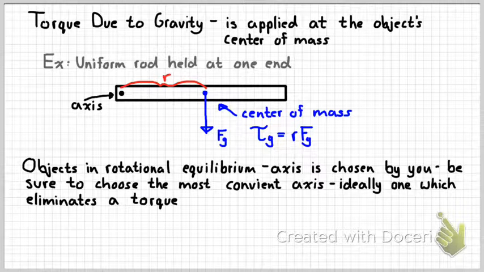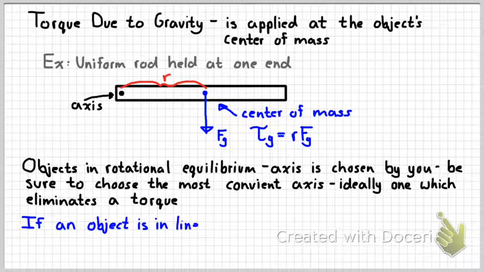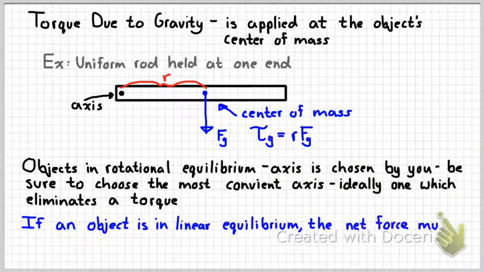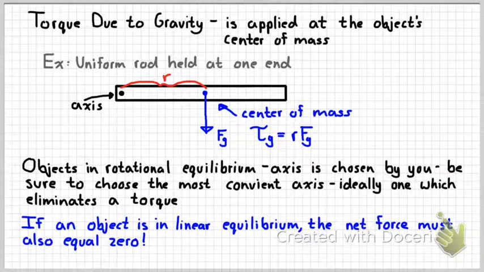In other words, if something is in rotational equilibrium, it has to be in equilibrium at any possible axis point. If an object is in linear equilibrium as well, then the net force still has to be zero. That could be useful in problem-solving situations.